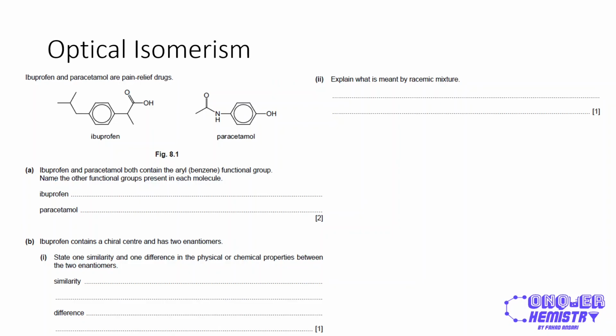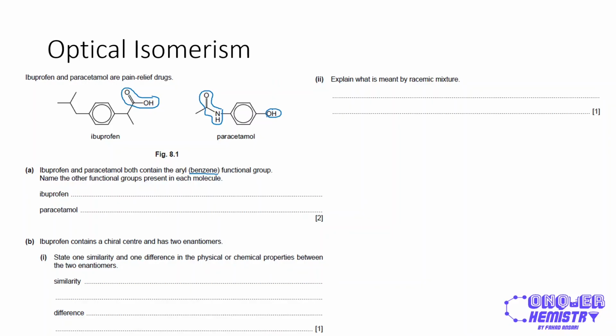And the first part basically asks us for the functional groups other than the benzene ring. So in ibuprofen, it's going to be the carboxylic acid group over here. And in paracetamol, we have the amide linkage and we have the hydroxyl group.